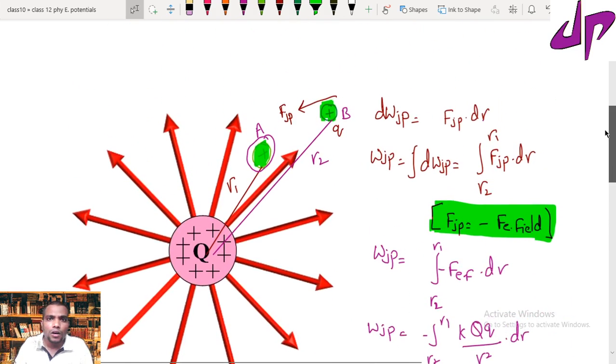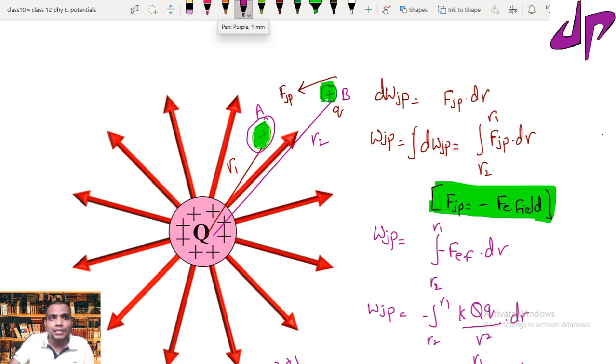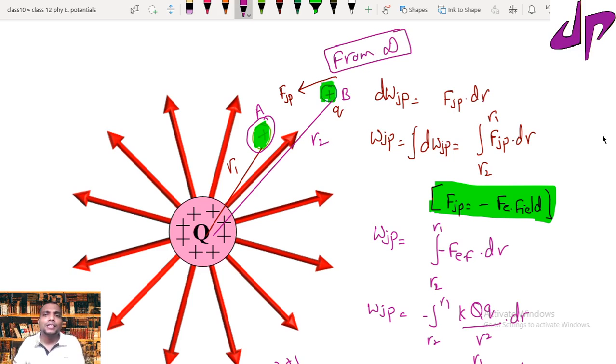Suppose, think about it like this: I am bringing this charge not from point B, but from infinity, because I need to select a point known as the origin, or where the force is equal to 0.